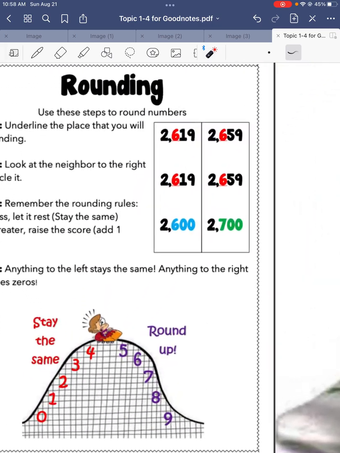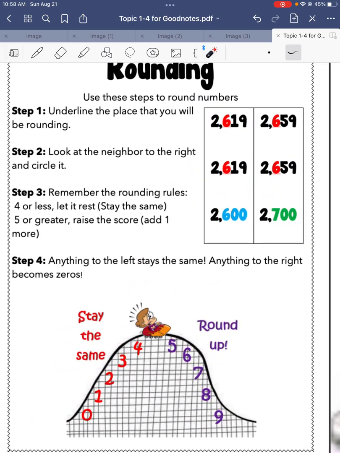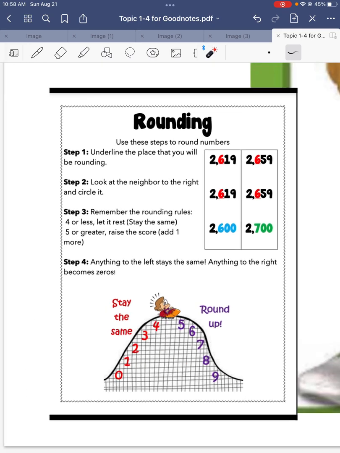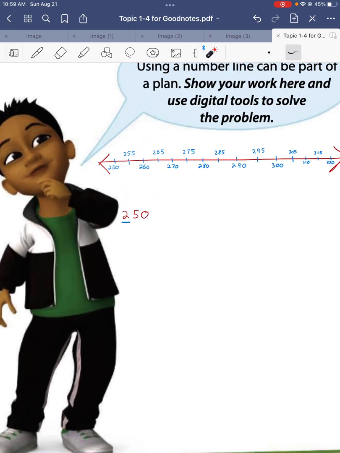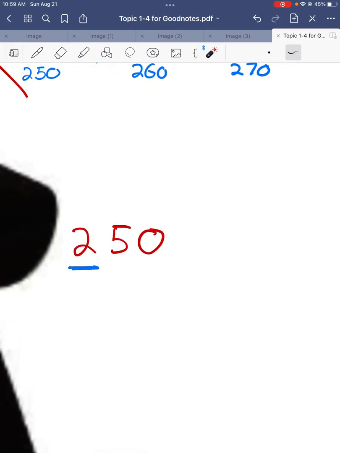My second step says, look at the neighbor to the right and circle it. We're rounding the 2, so the neighbor to the right is the 5. So I'm going to circle the 5.